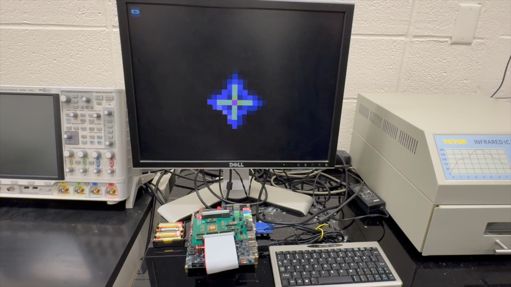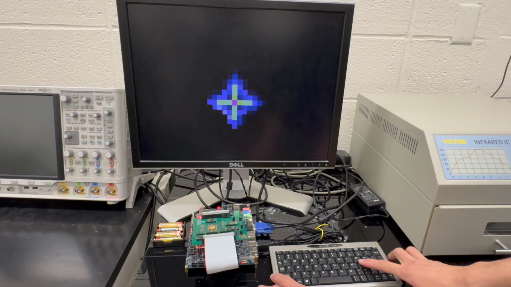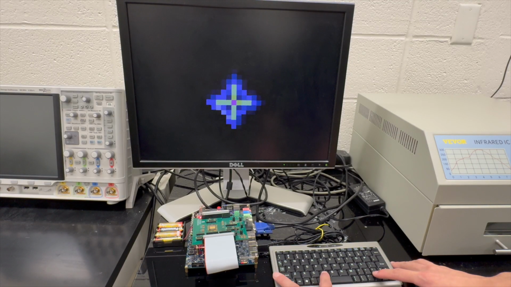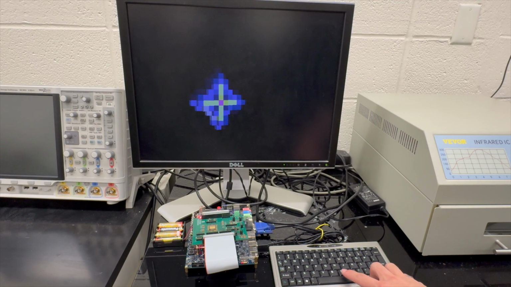And now we're having a more colorful model. As you can see, each individual triangle has been assigned a unique color.